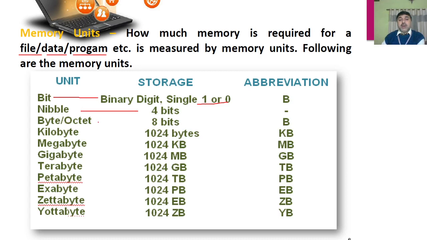Then byte or octet is 8 bits. Then kilobyte, 1024 bytes. Megabyte, 1024 kilobytes. Gigabyte, 1024 megabytes. Terabyte, 1024 gigabytes. Petabyte, 1024 terabytes. Exabyte, 1024 petabytes. Zettabyte, 1024 what? Exabytes. And yottabyte means 1024 zettabytes.